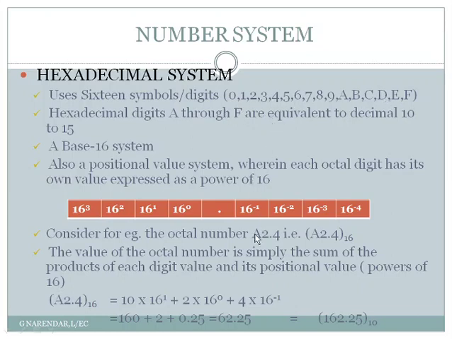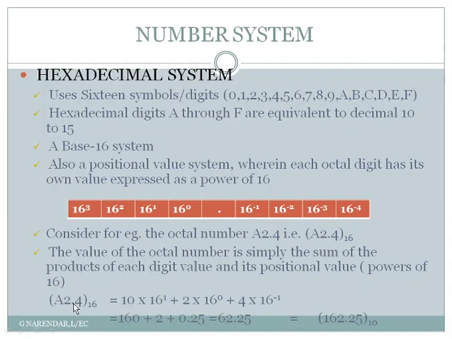A is also one of the symbols of the hexadecimal system. So A2.4 represents a hexadecimal number because all the digits of this number are valid digits of the hexadecimal system. Now we'll try to find the value of this hexadecimal number.